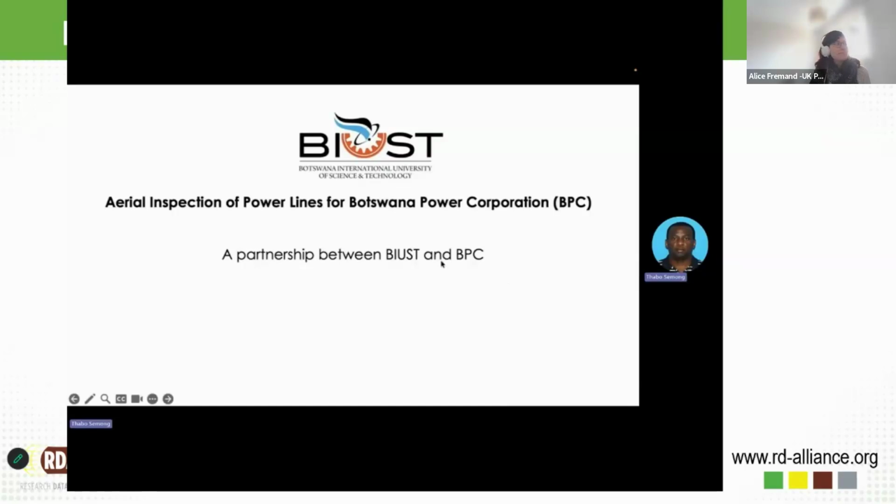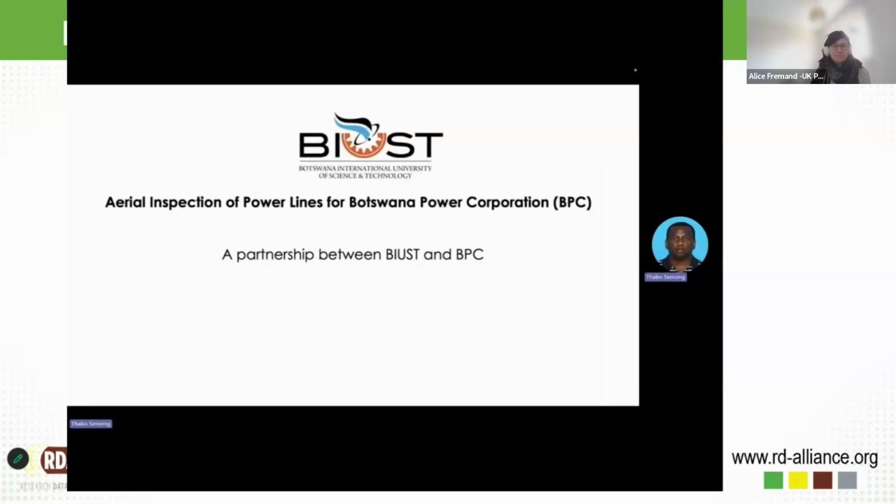This is necessitated by the fact that these power lines are up there and they don't have something they could easily use to look for faults. So somebody will just walk under the power line and keep checking if there is a fault.